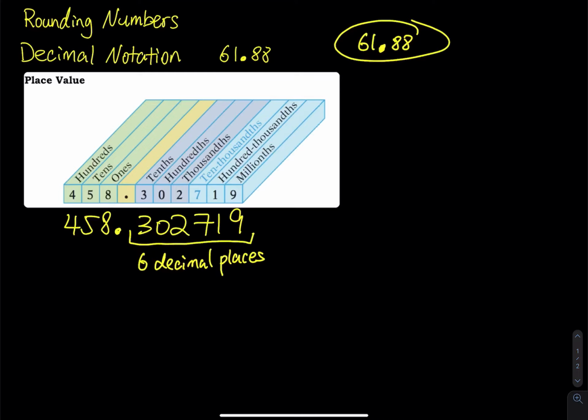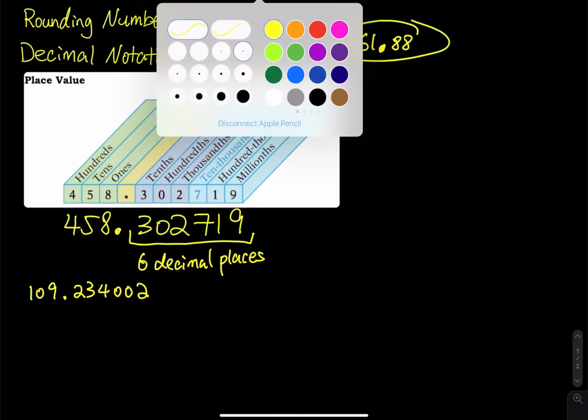So let me give you a number. How about this? I am going to give you a number 109.234002. What I am asking you to do is the following. One, write this number as a whole number. What is a whole number?